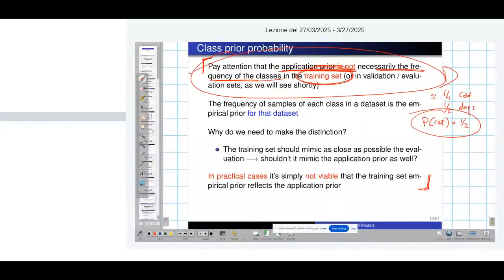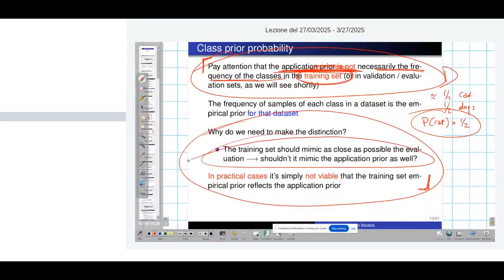It may even be that we know already what is the prior for the application that we want to simulate, but we are not able to create a training set with the same empirical prior. We said that we want our training set to be as close as possible to the evaluation set, so the question may be, shouldn't it have the same empirical prior as the application prior? Well, the answer is, typically we can't.